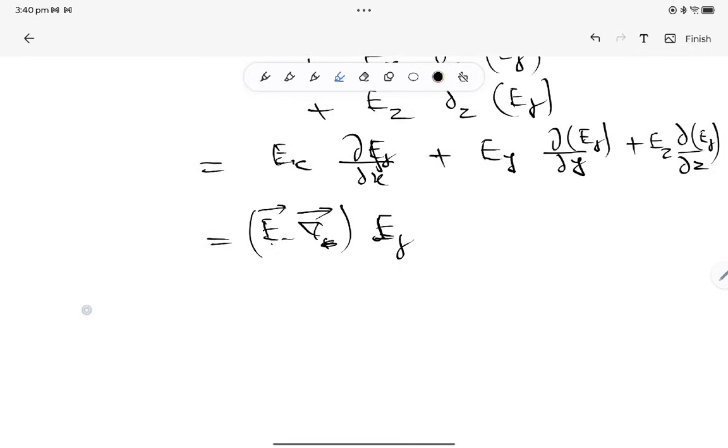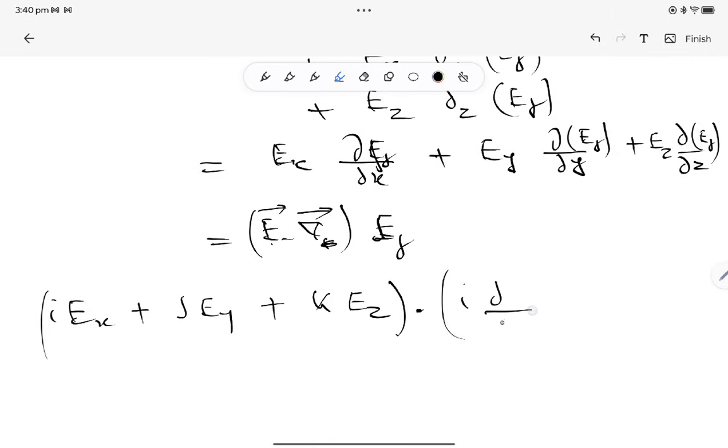Let us go to this again in rectangular coordinates. E_x i plus E_y j plus E_z k, dot, i d by dx, j d by dy plus k d by dz.